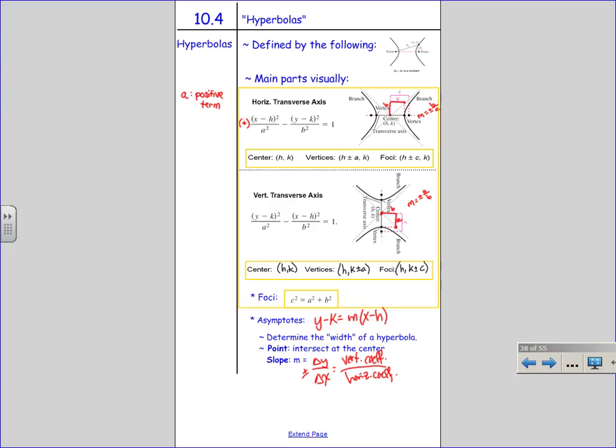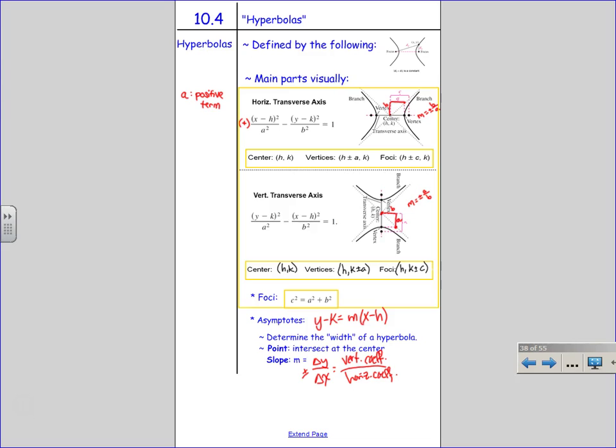The center. What do I take, the y guy and the x guy? In this one, who's the y? Do you see it? Eyes up, eyes up. Y guy. That's the slope to put here. For this one, b over a. Rise over run, change in y over change in x.